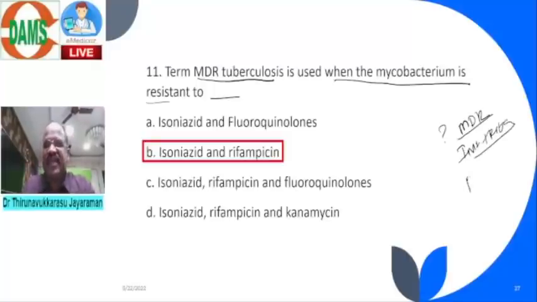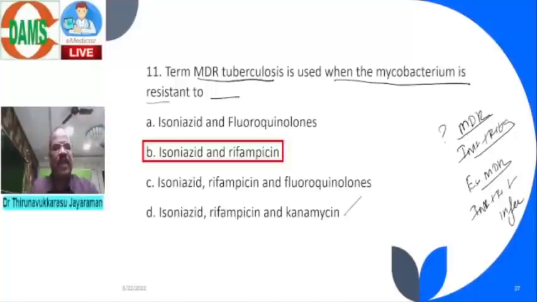So when will you say XDR-TB? Extensively resistant: when it is resistant to isoniazid, rifampicin, plus one of the injectable second-line drugs like kanamycin, then we can say XDR-TB. So MDR-TB means the organism is resistant to isoniazid and rifampicin.